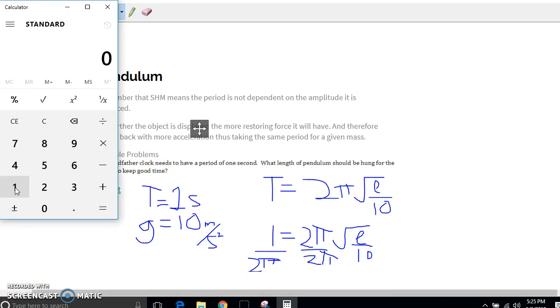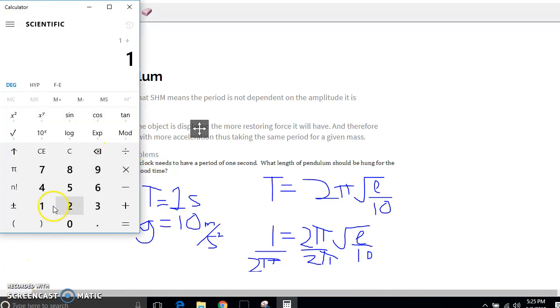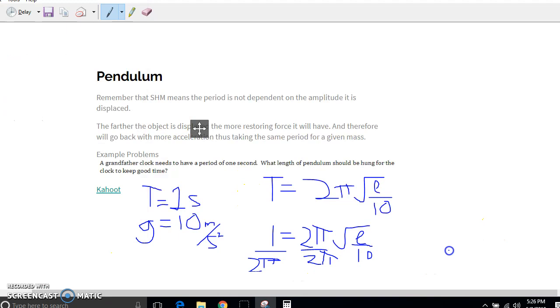So I pulled it up: 1 divided by, and I'm going to put it in quotes, 2 times pi. Unquote it, enter. You should get 0.159. So I'm going to write that down here. I got 0.159.